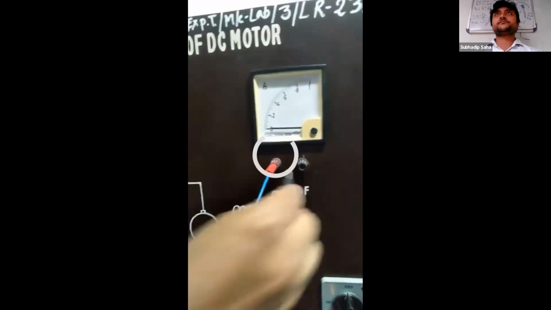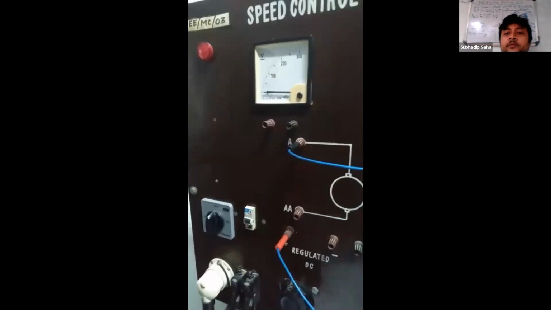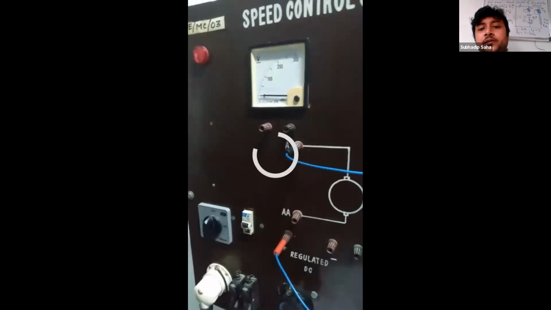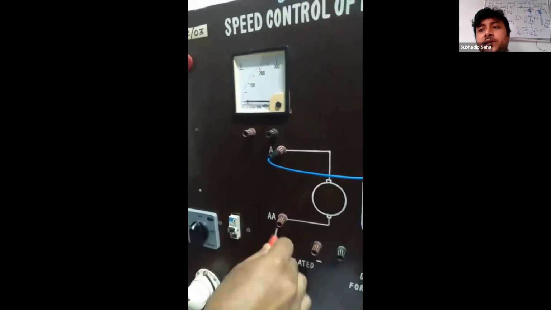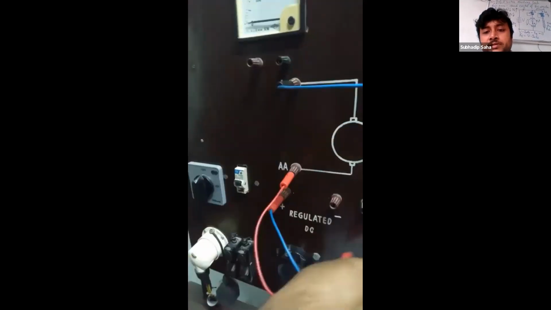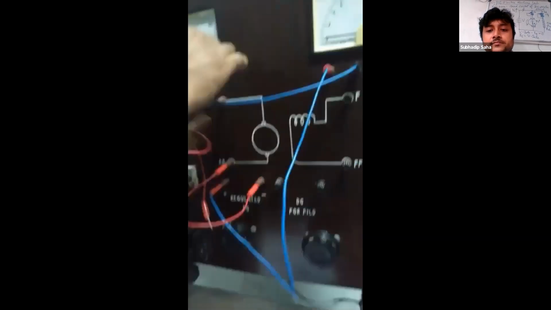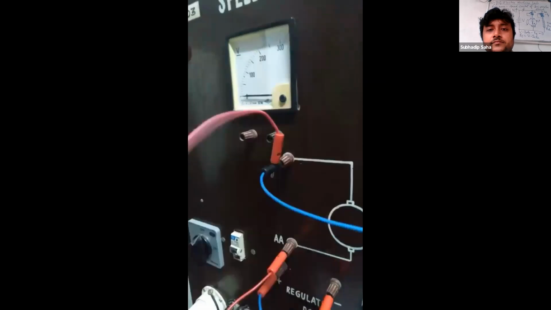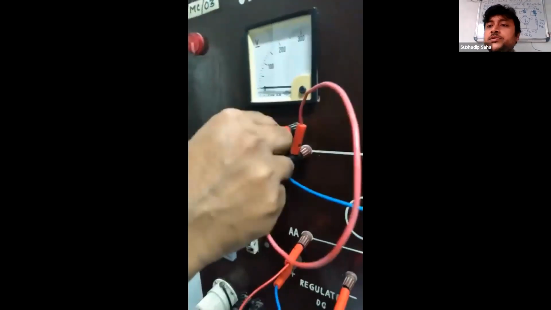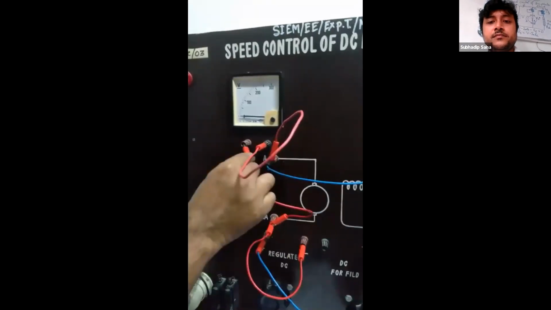Just see. Ammeter to armature, armature A terminal. And then from the A terminal, the armature secondary terminal, to the regulated DC voltage source, which should be connected in parallel across the armature voltage.